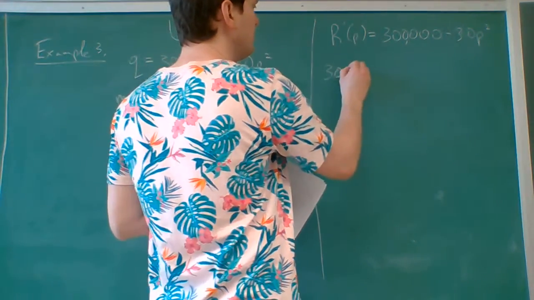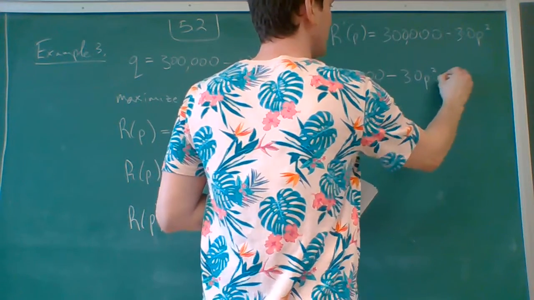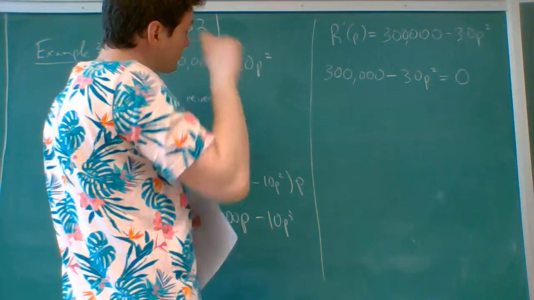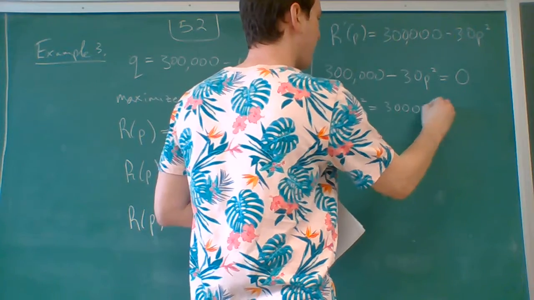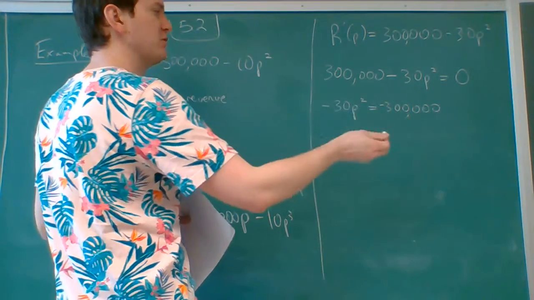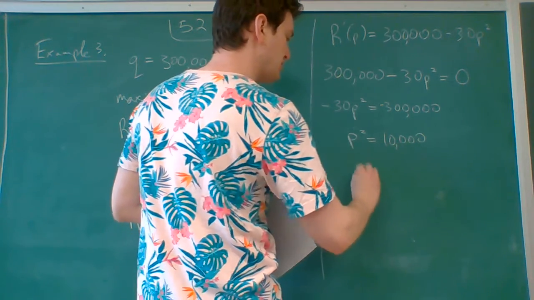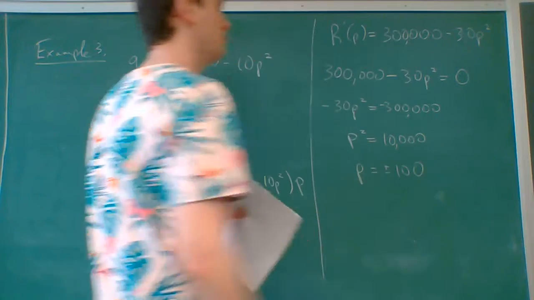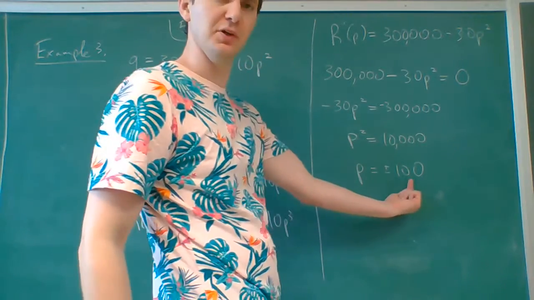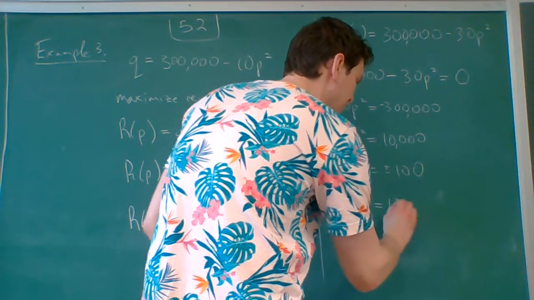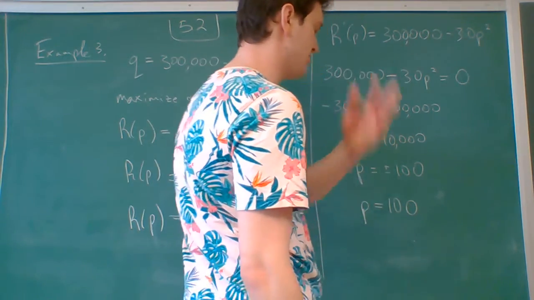Set this equal to 0 and solve for P. Subtracting 300,000 from both sides, dividing by negative 30, and then taking the square root, we're getting P is plus or minus 100. Obviously, we don't want to charge negative $100. That would mean we're giving people $100 to take our strollers. So we're going to disregard that negative 100.